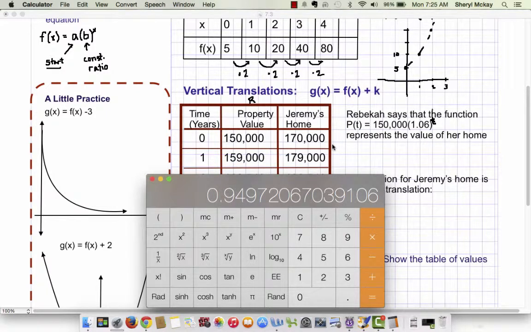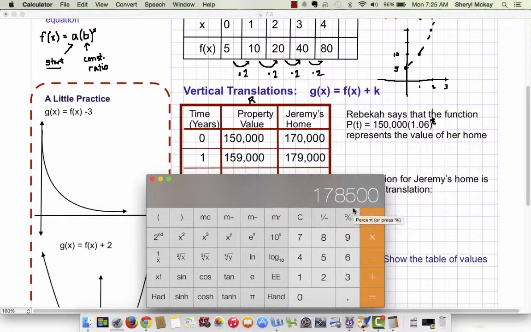That would mean that this went up 5%, if I added 5% of 170,000. So let me try that. If I take 170,000 and I multiply it by 1.05, I get about 178,500. It's because I didn't round it up.